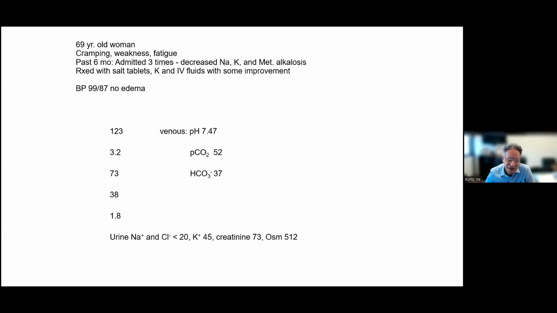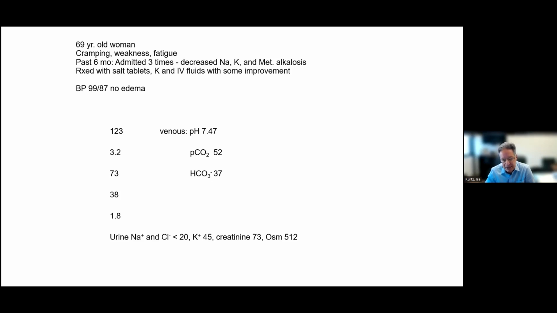If it started at 26, it should be roughly 30. So this cannot be chronic respiratory acidosis. So we've ruled out acute and chronic respiratory acidosis. We've ruled out actually all three. So we know it's a mixed disorder.